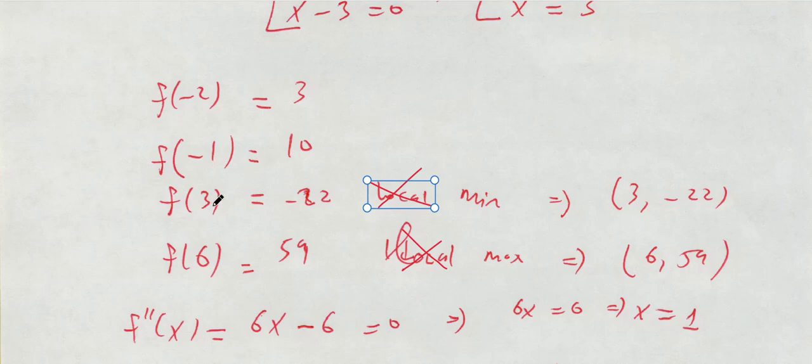So the x value is 3, the y value, f of 3, is -22, and 6 is x, and the y value 59. So these are the coordinates of the global min and global max. So this should be the global min, and this is the global max.